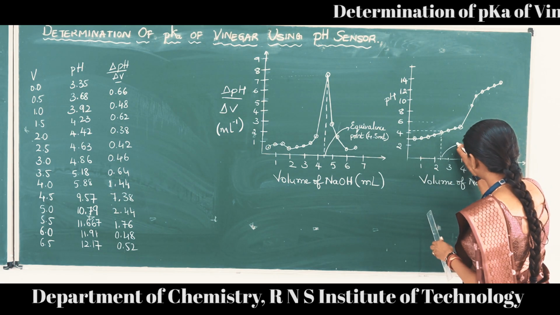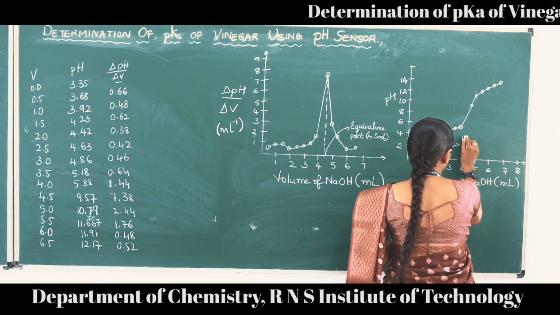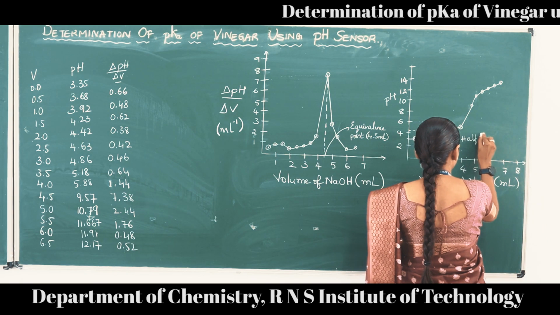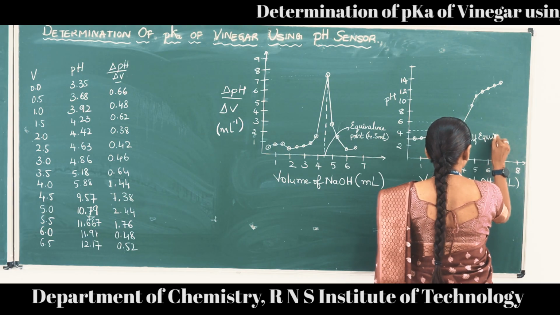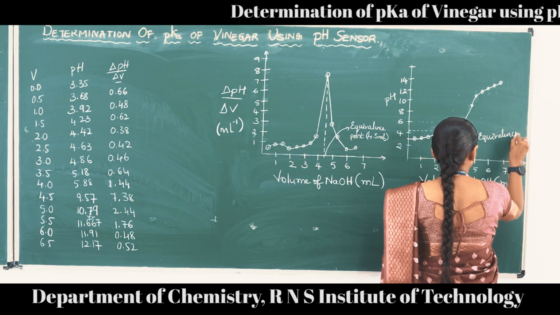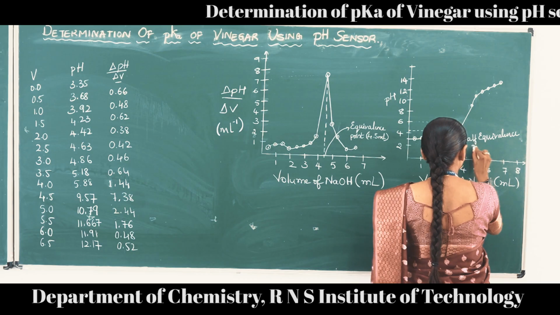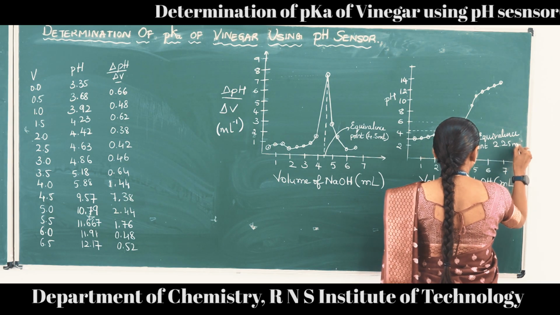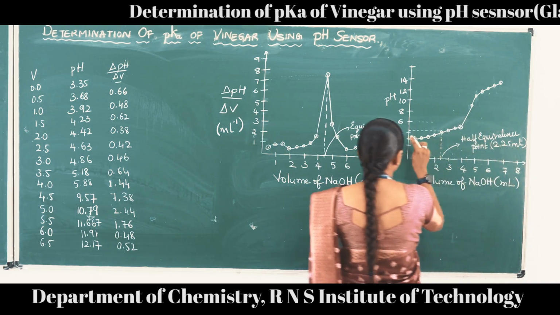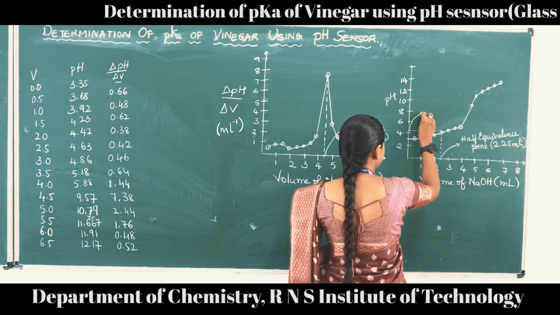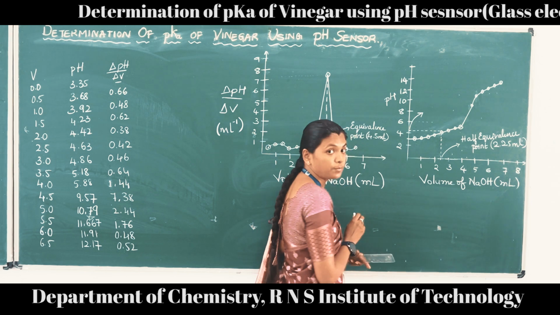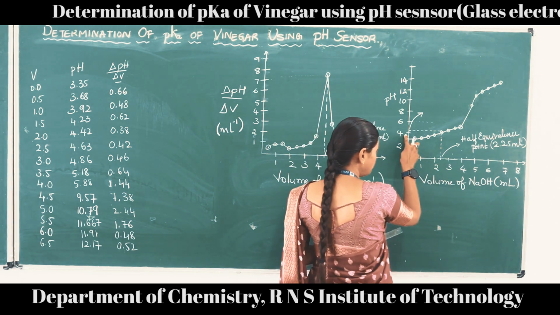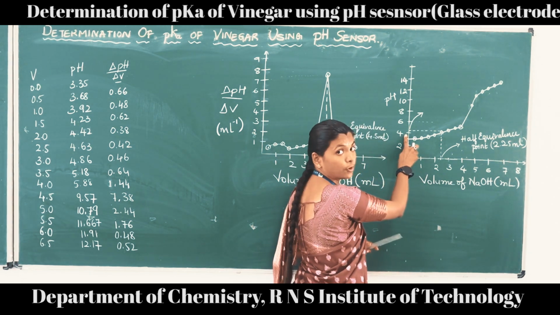And we are going to mark this as the half equivalence point. Its value is 2.25 ml, whereas over here we are just going to mark it as the pH, and the pH value there will be 4.8.